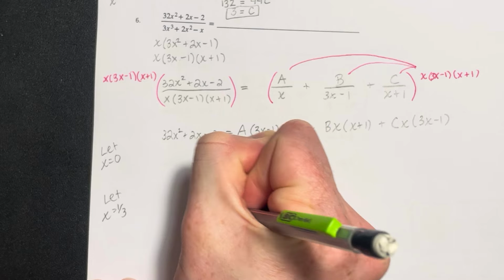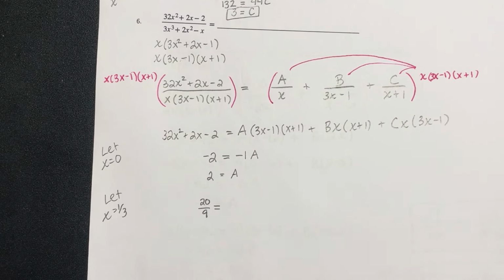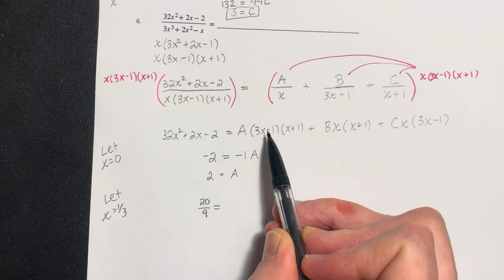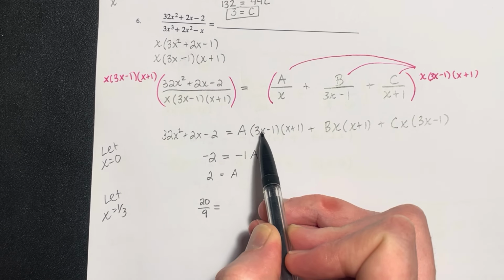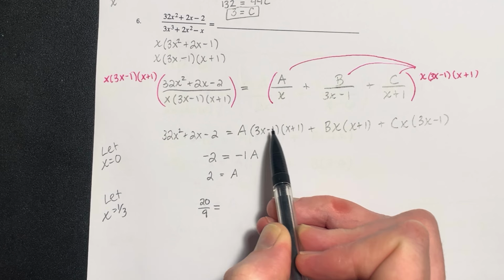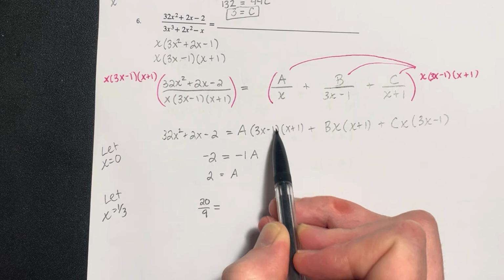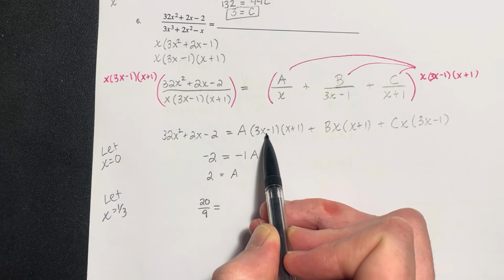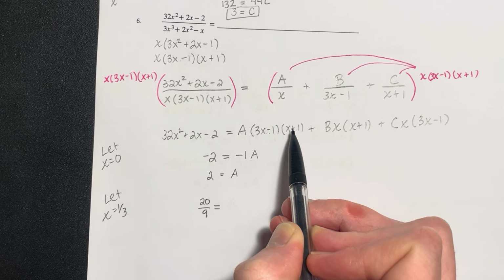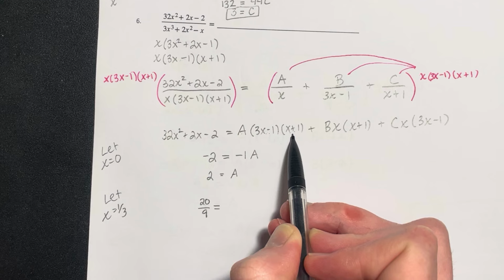So 20/9 is equal to, and I would plug in 1/3 for each of the x's here on the right side as well, but that's going to say 3 times 1/3, which is 1. 1 minus 1 is 0. So we're going to get 0 for this factor of 3x minus 1. A times 0 times anything is still going to be 0.